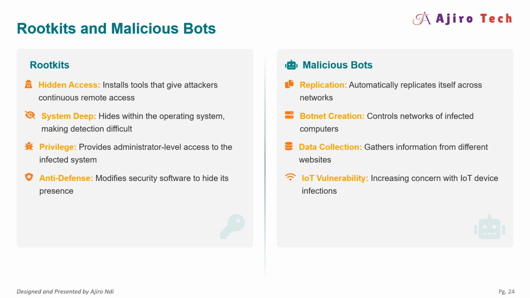It gives that attacker continuous privileged access to a computer and hides its presence deep within the operating system. Now take note of it. It is root. And that user is completely unaware that their system or that computer has been infected. The different tools enable the attacker to discover the user's password and credit card details.